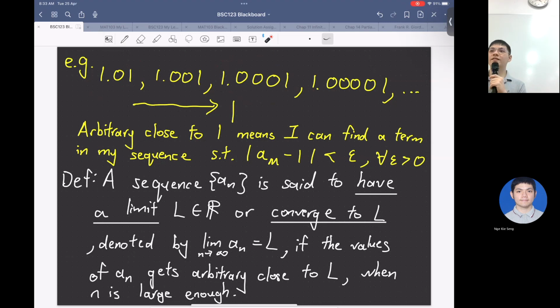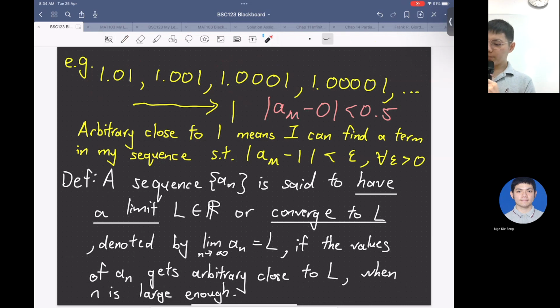Make sense? Any question? So for example, just now we said that 0 is not the limit, it never reaches. What do we mean by never reach? Mathematically it means if I take a distance, there are no more terms appearing within that distance. Let's say we take 0.5.